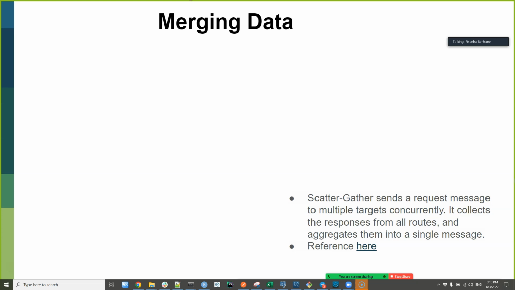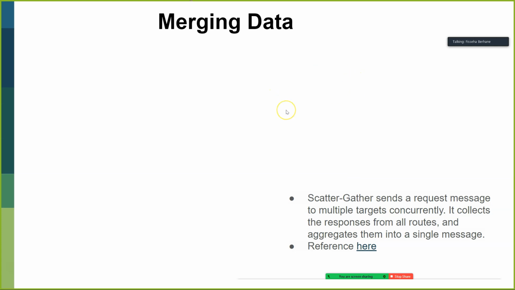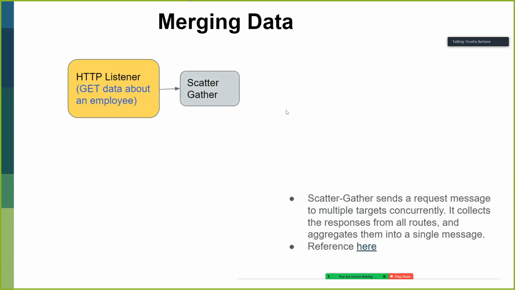So why are we using scatter gather? We want to send the request in parallel to both databases and get the data from both of them, concatenate it, and then display it in Postman. So in our project, we have an HTTP listener with a GET method, and we will send an employee ID. We will put the employee ID as a URI parameter.